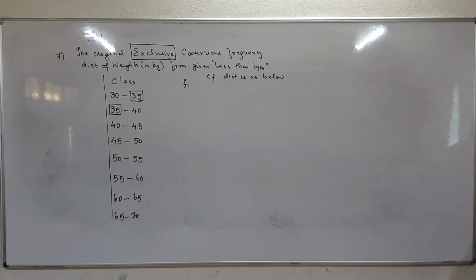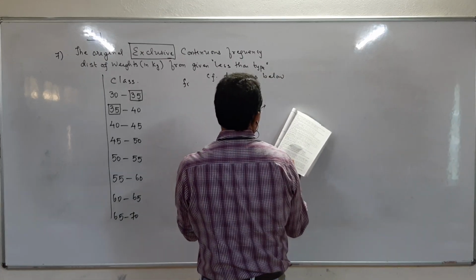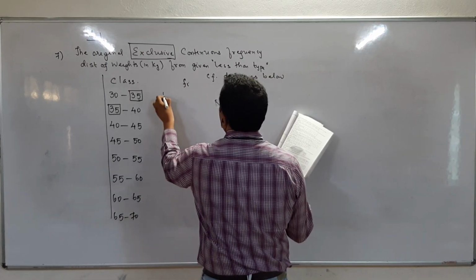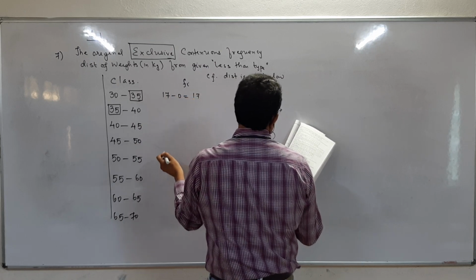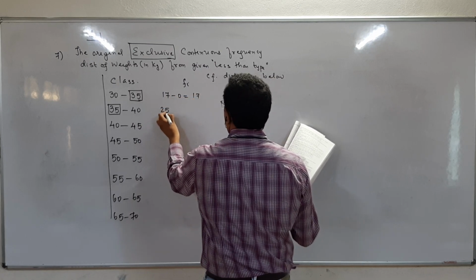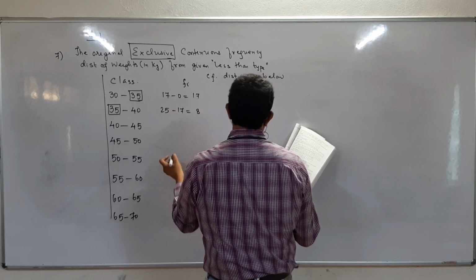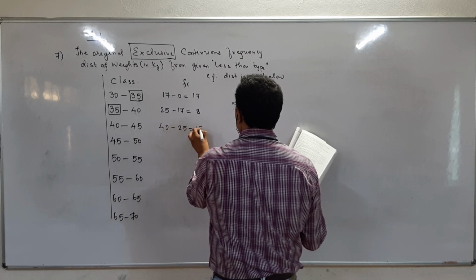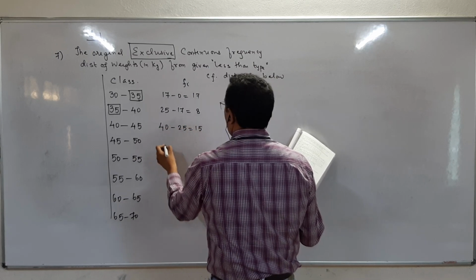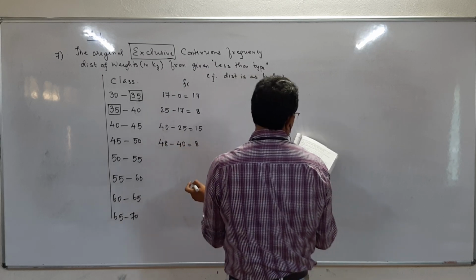Now students, while writing frequency, pay attention. It is very simple. Subtract the previous cumulative frequency from the next. So 17 minus 0, 17. Then 25 minus 17, so 8. Then 40 minus 25, so 15. 48 minus 40, so 8.